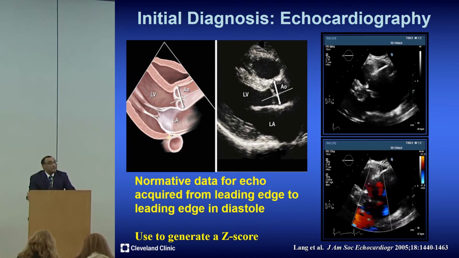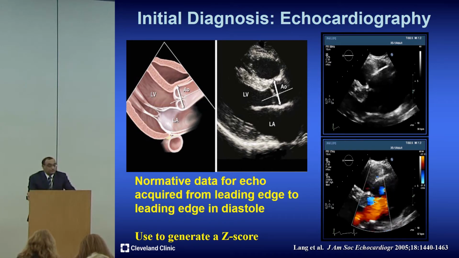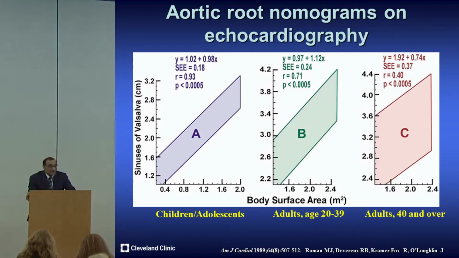And from a perspective of a younger individual, the measurements have been used in the past to generate what is known as a Z-score. These are pictures from 1989 talking about aortic root nomograms on echocardiography, and basically there are 3 different charts that I'm showing.